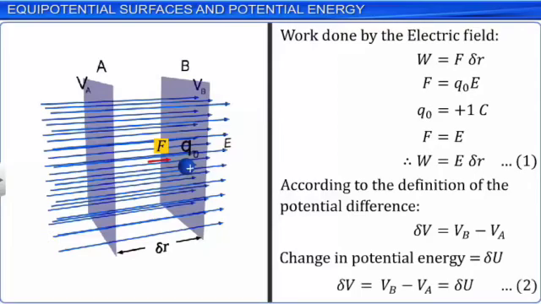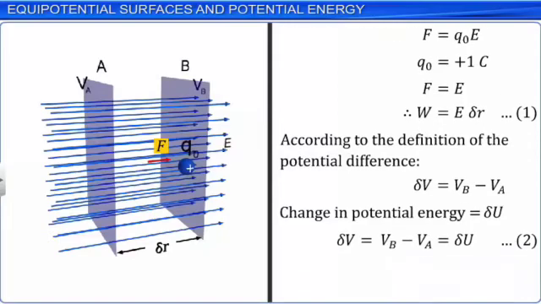Now, delta U will be equal to minus W since there is a decrease in the electrostatic potential energy of the unit positive charge while moving from A to B. Substituting the value of W in the above equation, we get delta U equal to minus E delta R. Let this be equation 3.